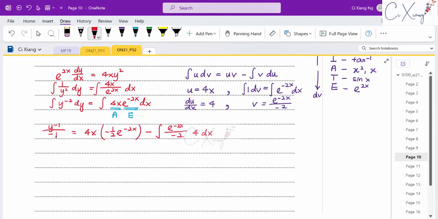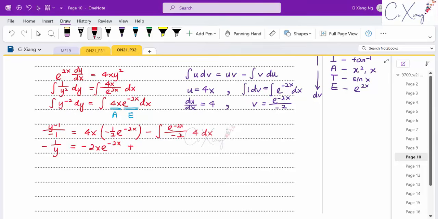So now I try to simplify everything first. On the left hand side, I have negative 1 over y. For this particular part, I will have negative 2x, then e power negative 2x. Then for this part, I need to continue to integrate it. Before I continue, I will simplify all the constant terms first.